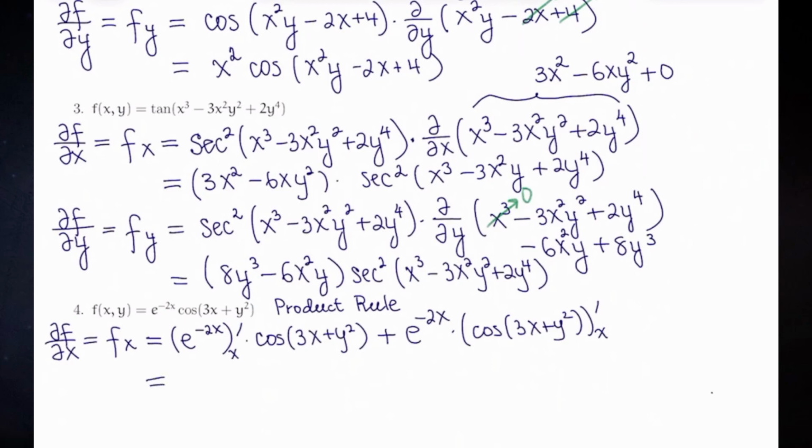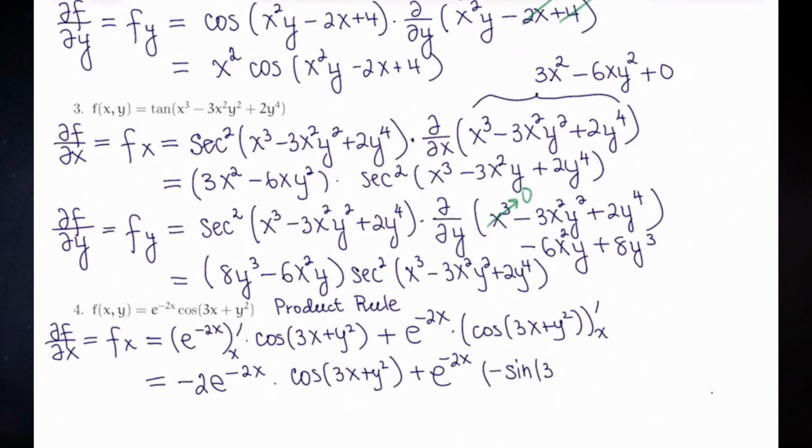Let's see what we get here. This will be negative 2e to the negative 2x times cosine of 3x plus y squared, plus e to the power negative 2x. Now we're differentiating cosine, so the derivative of cosine is negative sine.